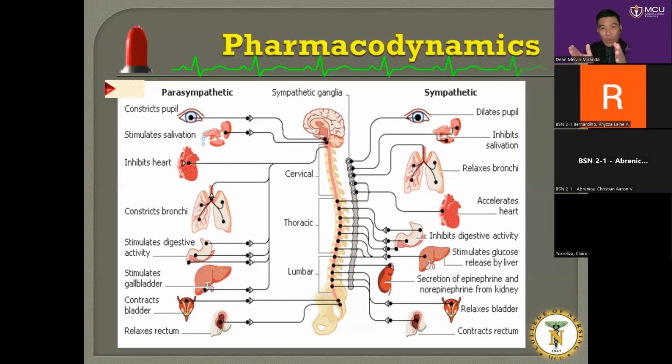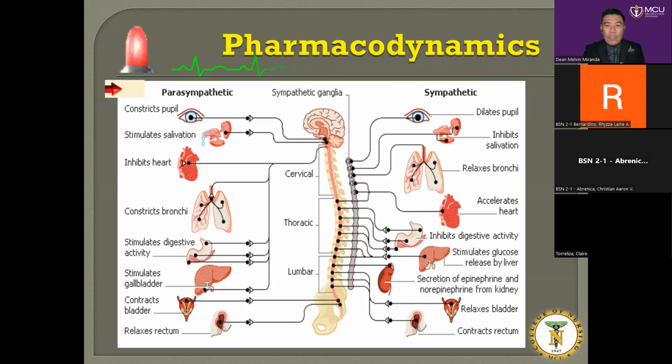How you will connect the concept that when a drug has a sympathetic effect, you can have a reference of the effect on these organs, and eventually you can consider a care management or intervention when the patient is receiving a type of drug that is under the sympathetic. You can now consider the expectations on assessments such as dilation of pupils. If there's inhibition of saliva, there could be chances of dryness of the oral mucosa.